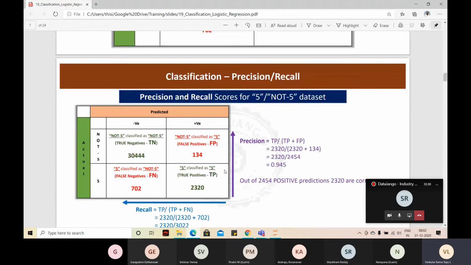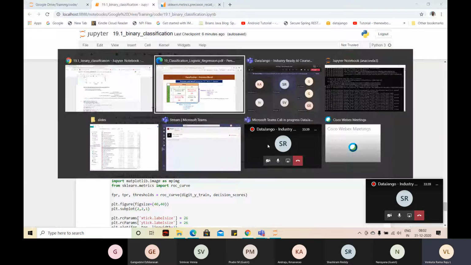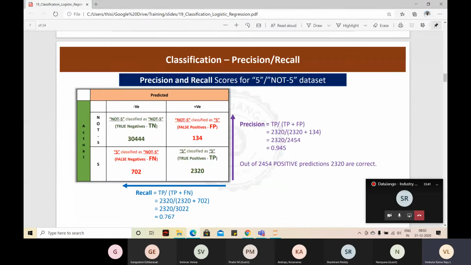If you look at this diagram, the false positive rate is false positives divided by false positives plus true negatives. So out of total existing negative records, how many were wrongly predicted? Out of total positive records, how many were correctly predicted?